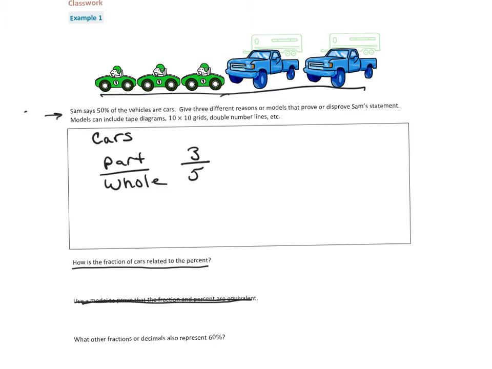So if we want to find out how this fraction of cars is related to the percent, well, we know that 3/5 is the fraction. If we want to get it to a percent, we need to get it to 100. So we're very familiar with how to do this. How do we get from 5 to 100? If you're not sure, you can simply divide 100 by 5.